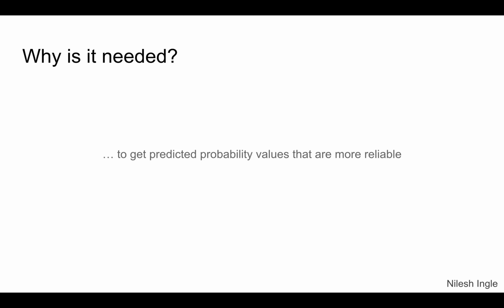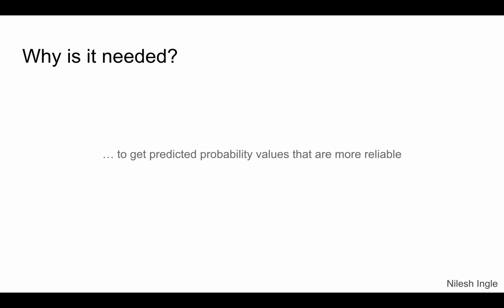That is to say, the chances that the person does not have a disease could be 0.1 or 0.4, and that can have varying consequences. So in those cases, it is required that we have calibrated probability values.